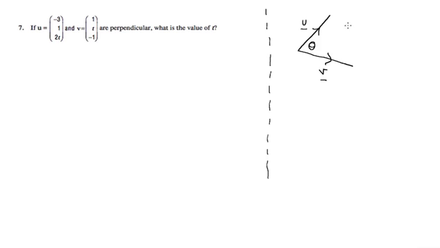The dot product u dot v is defined to be the length of u times the length of v times the cosine of the angle between them. Now if they're perpendicular, that angle is going to be 90.